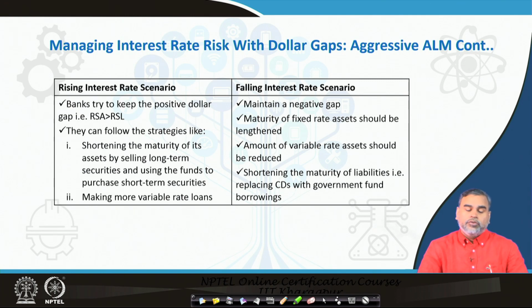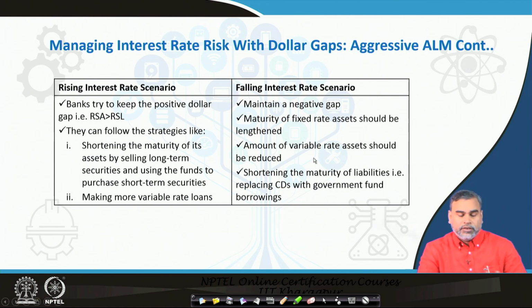They can also shorten the maturity of the liabilities, that is, replacing the certificates of deposit with government borrowings. By that, they can make their gap negative. If they make the negative gap, then they can take advantage of the declining interest rate scenario in the market.